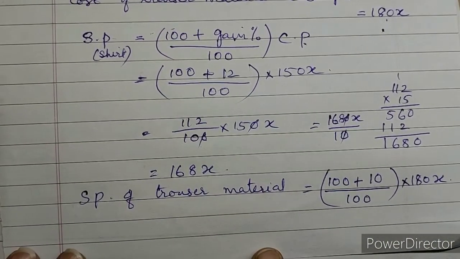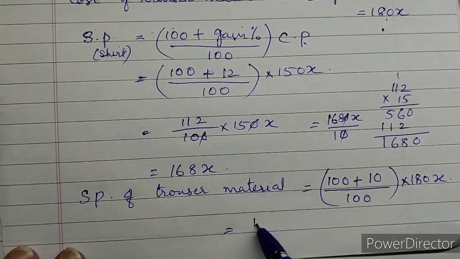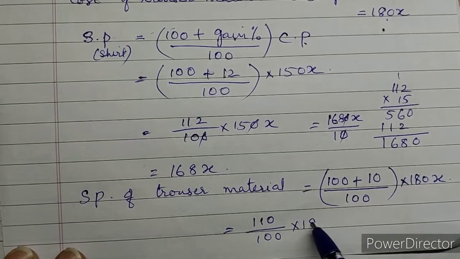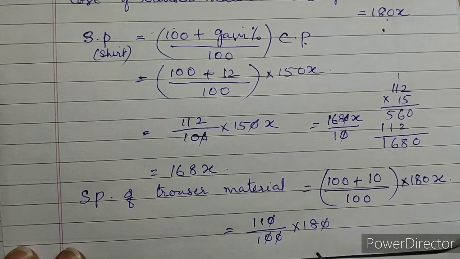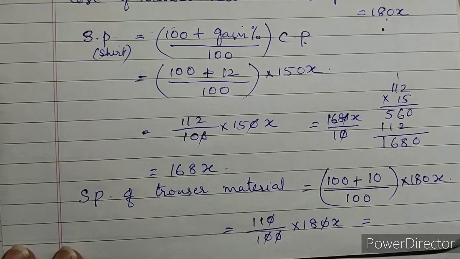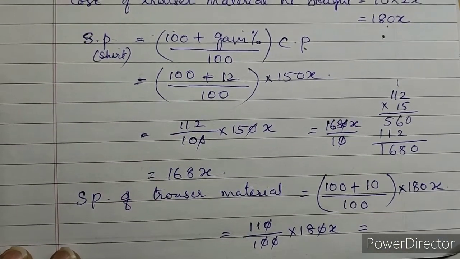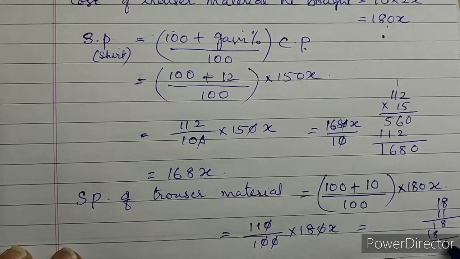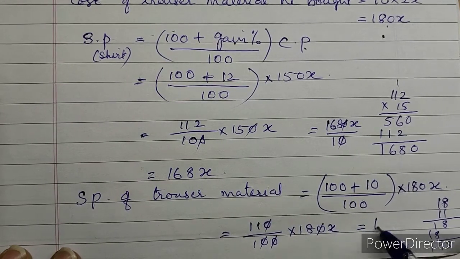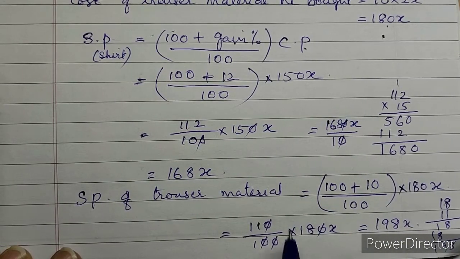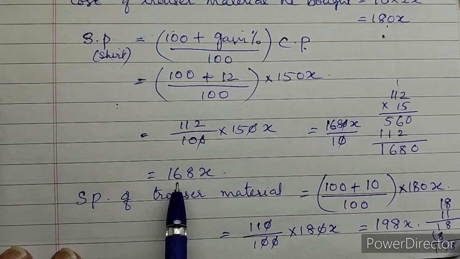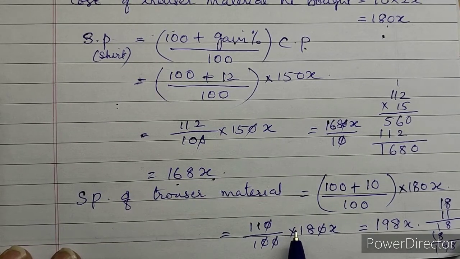Here also you have to do the same calculation. 100 plus 10, it is 110 divided by 100 into 180. Zeros cancelled, equals 18 into 11. Multiply it: 198. So that is 198x. So selling price of shirt is 168x and selling price of trouser is 198x.